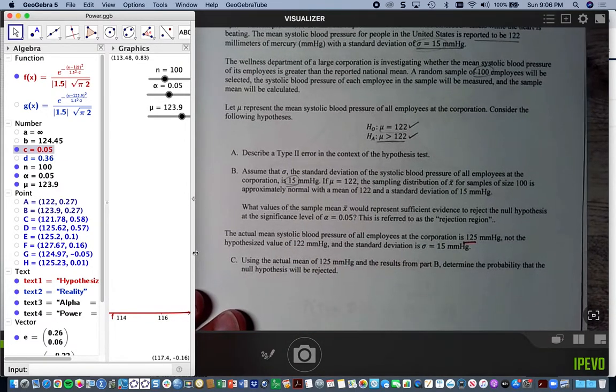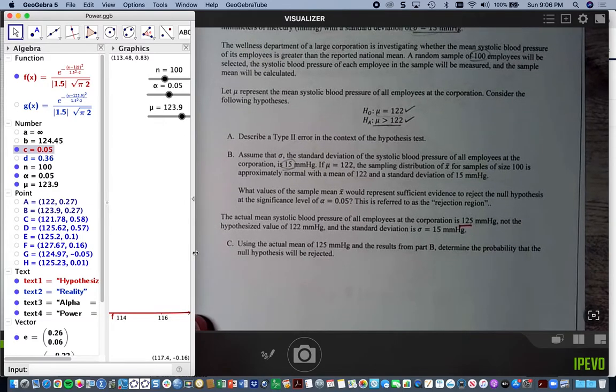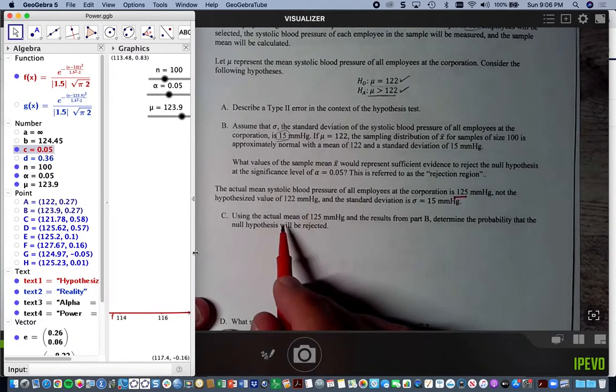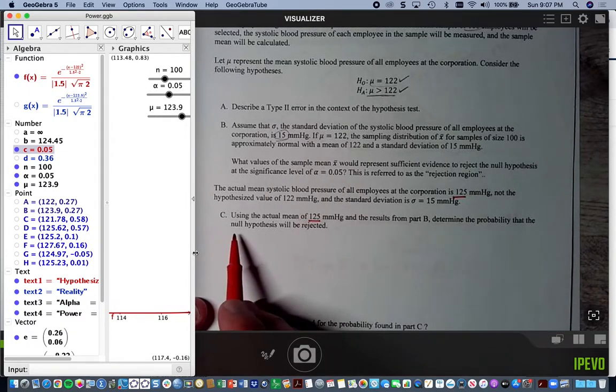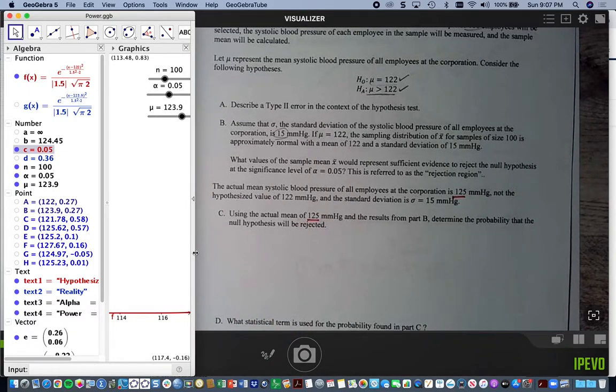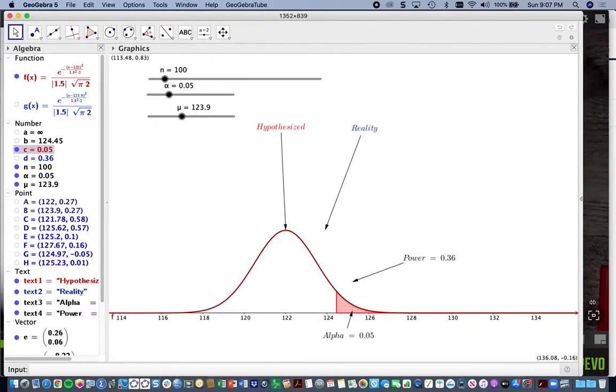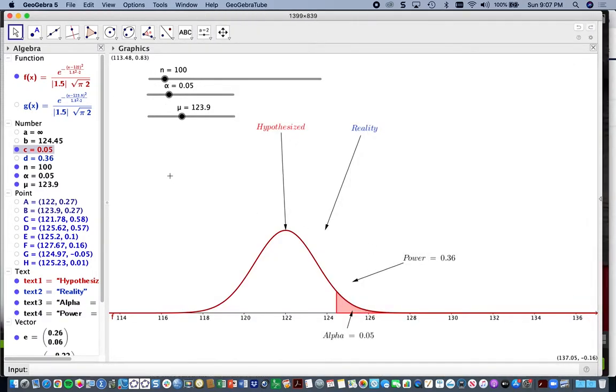But the standard deviation is still equal to 15. Now, using the actual mean of 125 from part B, determine the probability that the null hypothesis will be rejected.